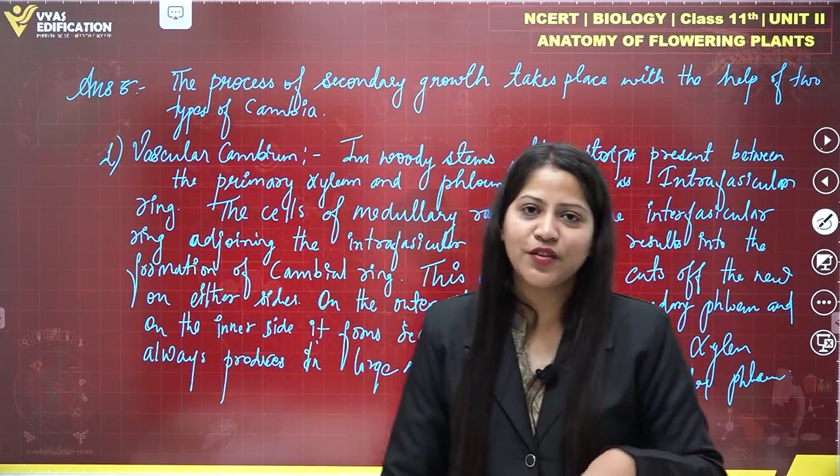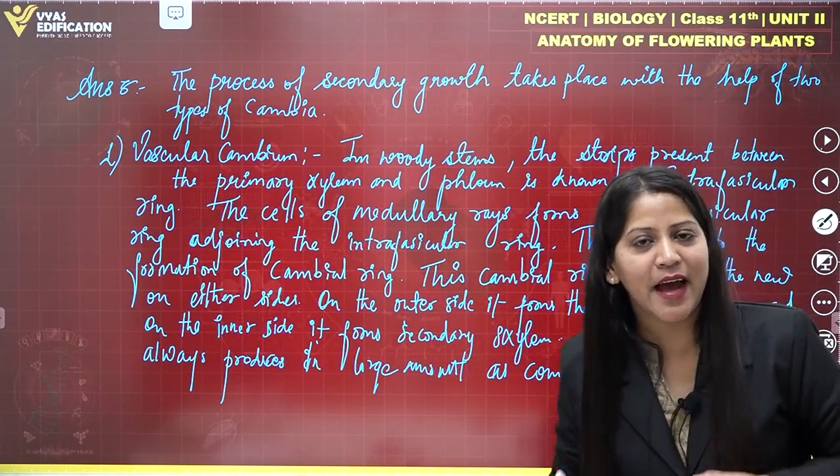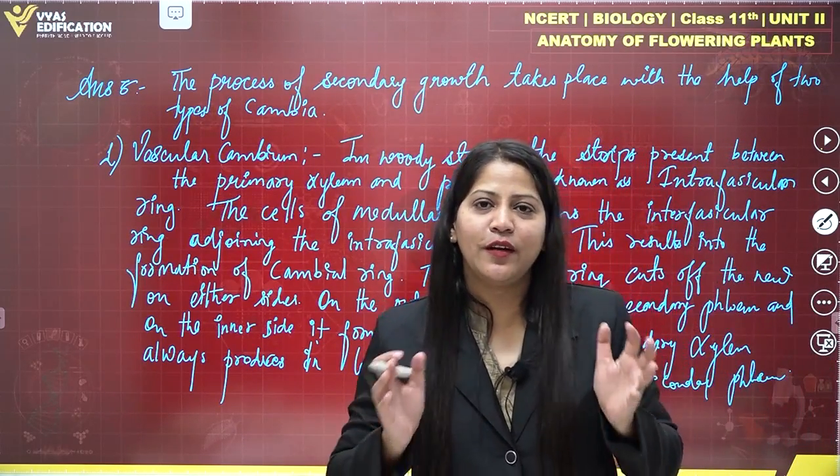So this is about vascular cambium, or how the secondary growth happens in dicot stem with the help of vascular cambium.